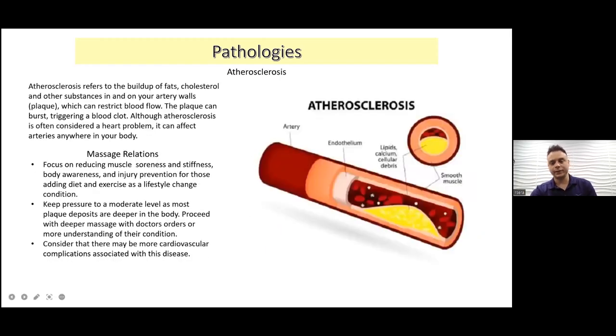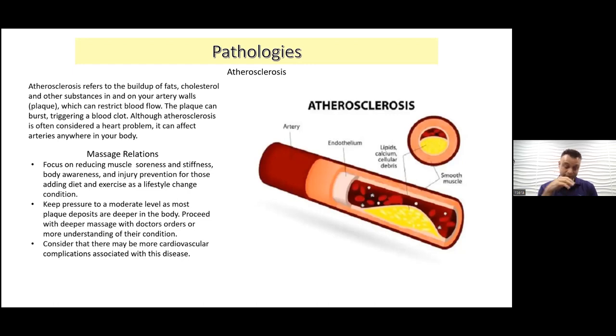So our next condition here is atherosclerosis, which is a hardening of the arteries due to plaque deposits in the arteries themselves. This usually comes in the form of cholesterol. So typically clients with high cholesterol levels and high triglyceride levels can be prone to developing this condition.